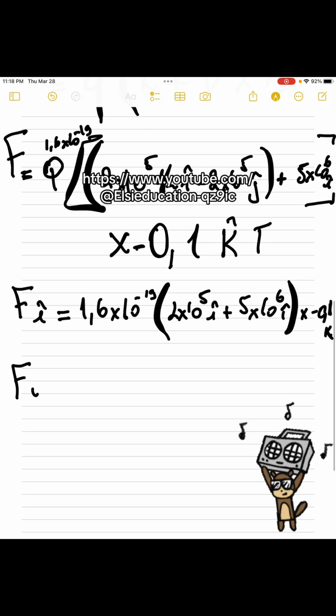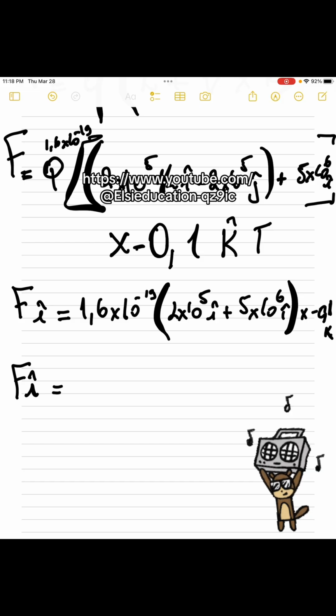So the force on the X direction will be equal to 2 exponent 5 plus 5 exponent 6 times 0.1 minus 0.1, multiplied by 1.6 times 10 minus 19.